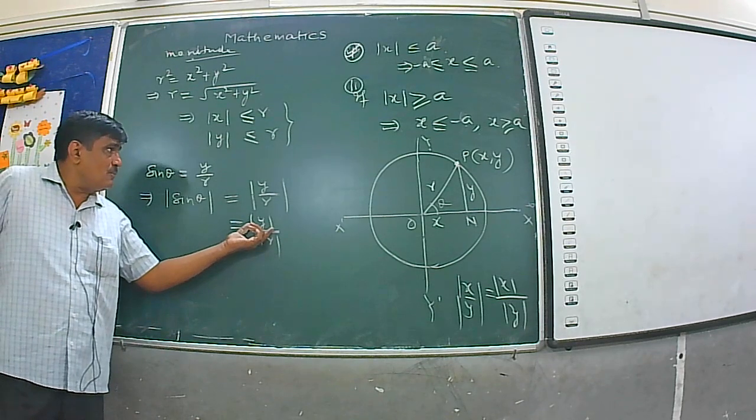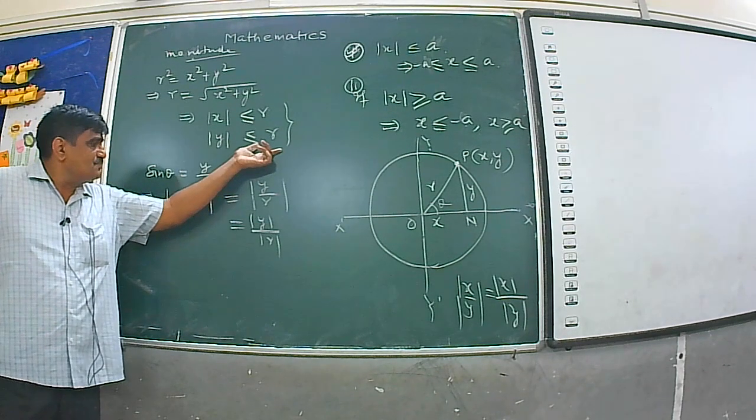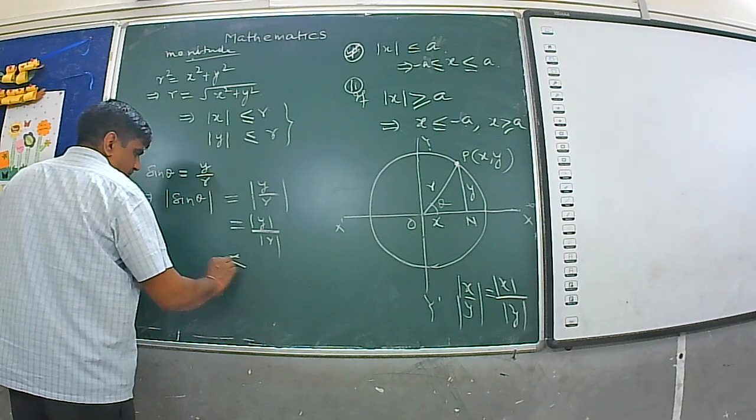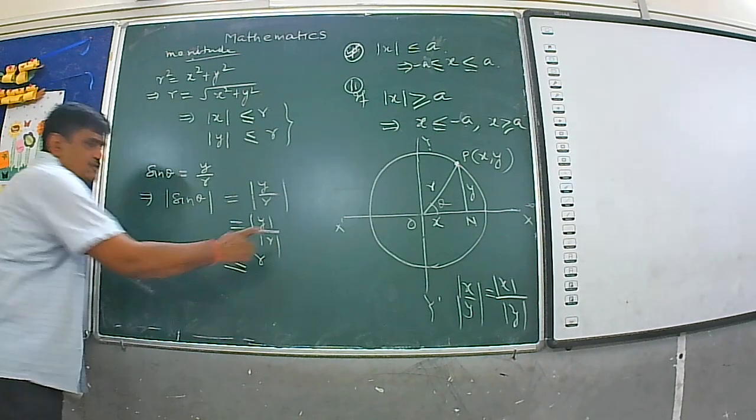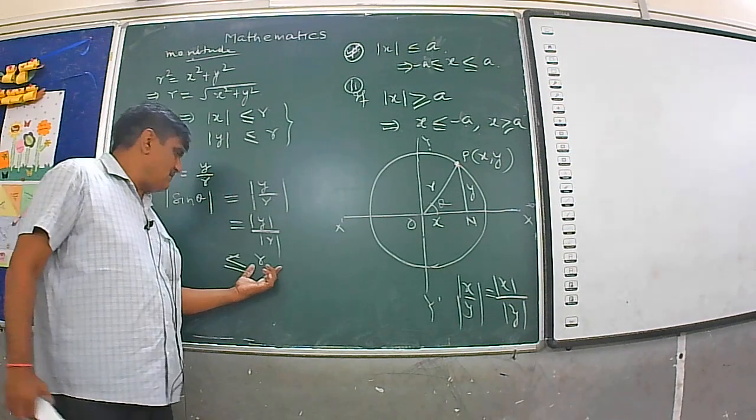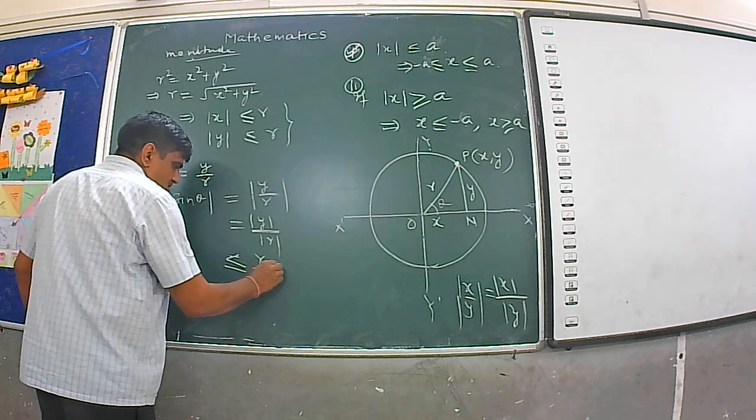But the magnitude of y is less than or equal to r. And magnitude of r represents the length of the radius arm, therefore this is equal to r.